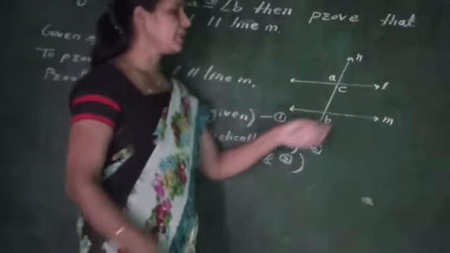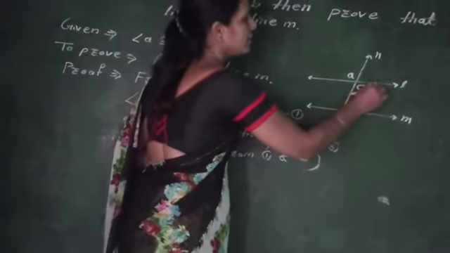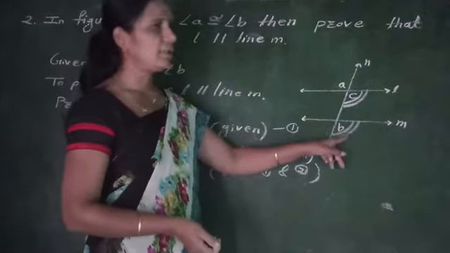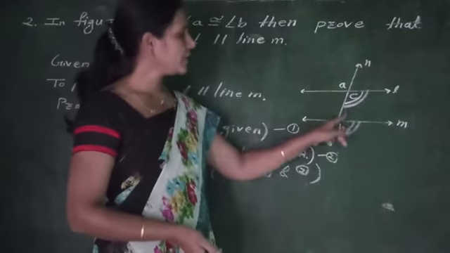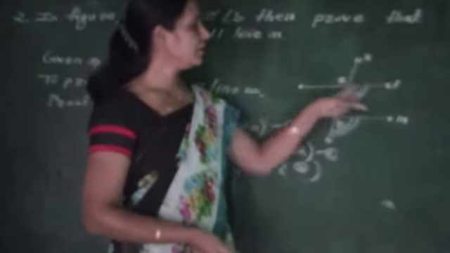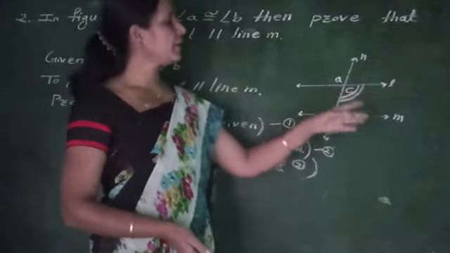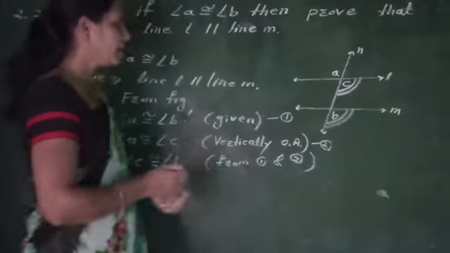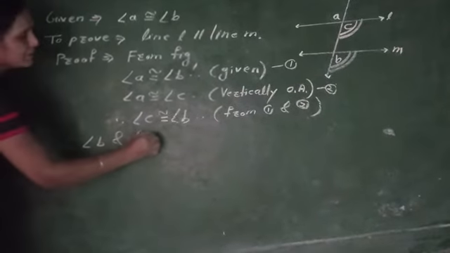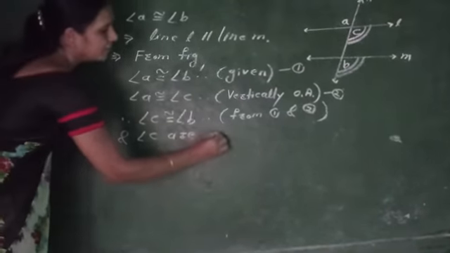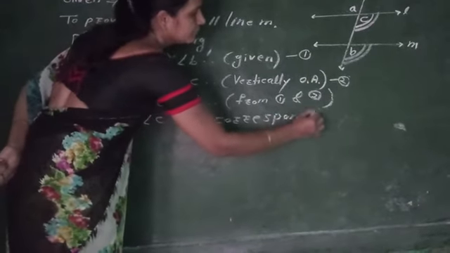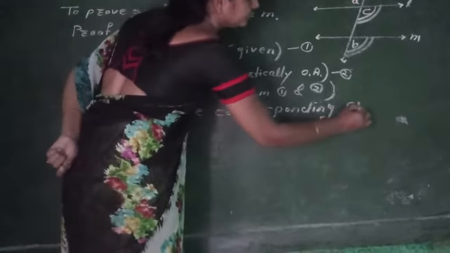Now see in the figure, angle B and angle C are corresponding angles. If a pair of corresponding angles is congruent, then the lines are parallel. The two lines must be parallel by the corresponding angle test. Angle B and angle C are corresponding angles.